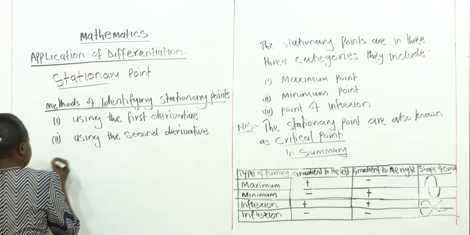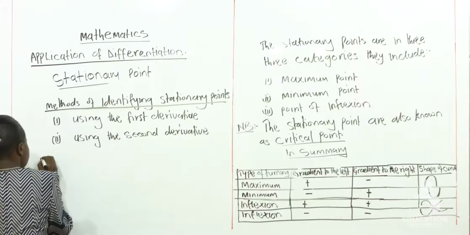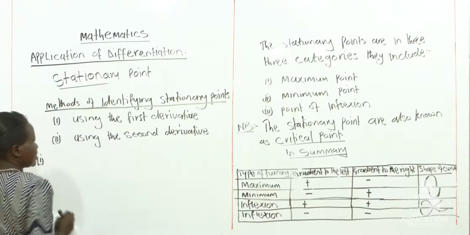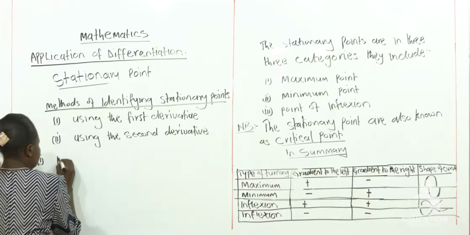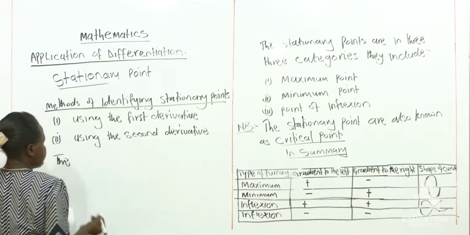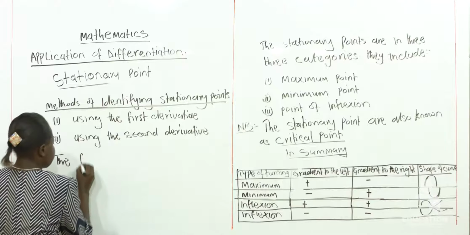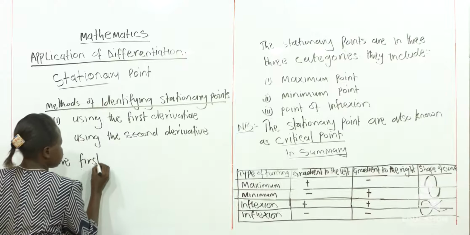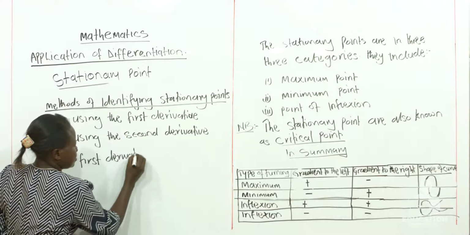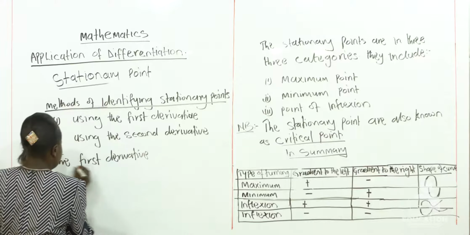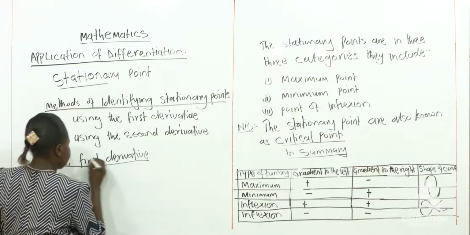Then let us see how we use the first derivative in identifying the stationary points. How do we use the first derivative?